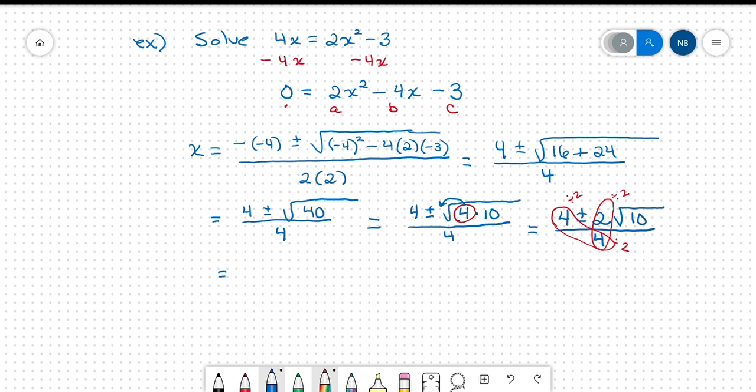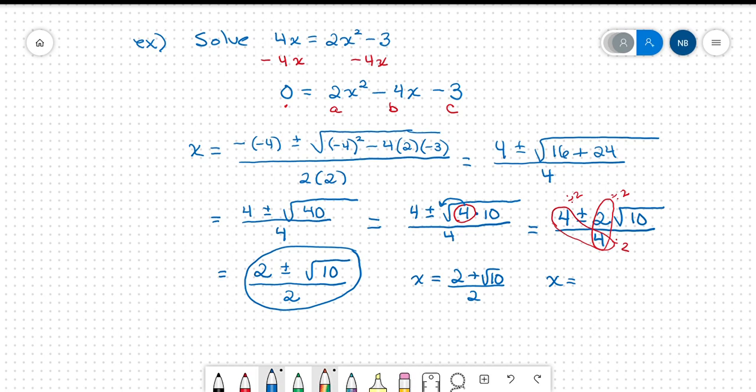And you get 4 divided by 2, which is 2, plus or minus 2 divided by 2 is 1. Root 10 stays there. 4 divided by 2 in the denominator is 2. And this expression represents your two solutions. The two solutions are x equal to 2 plus root 10 all over 2 and x equal to 2 minus root 10 all over 2.